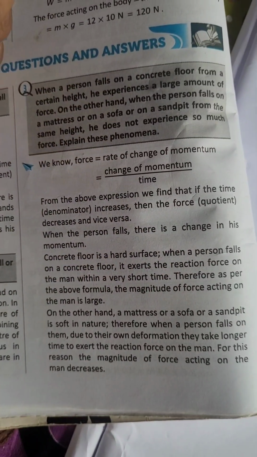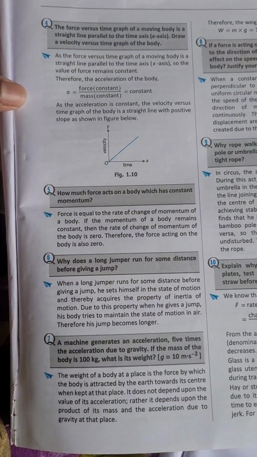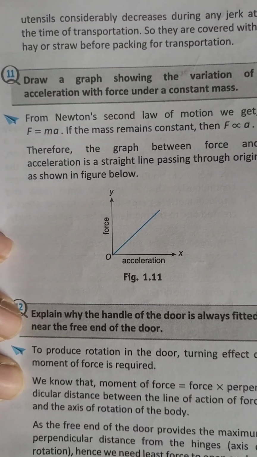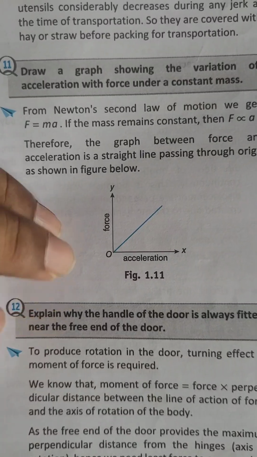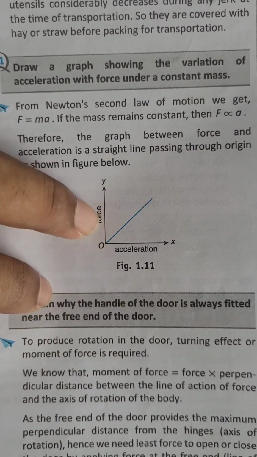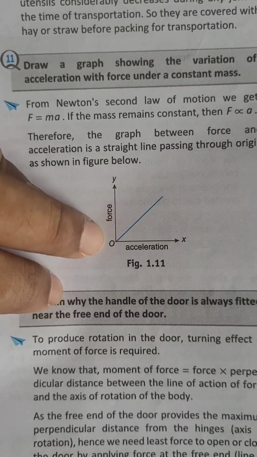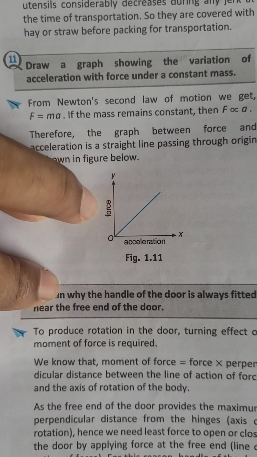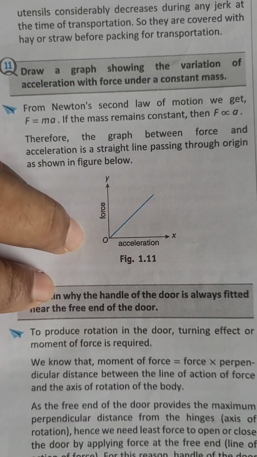But I am not explaining these questions, just see this question. This is the last and important question. This is the maximum hardness the examiner can give. Force versus acceleration: force equals ma, so it's directly proportional.